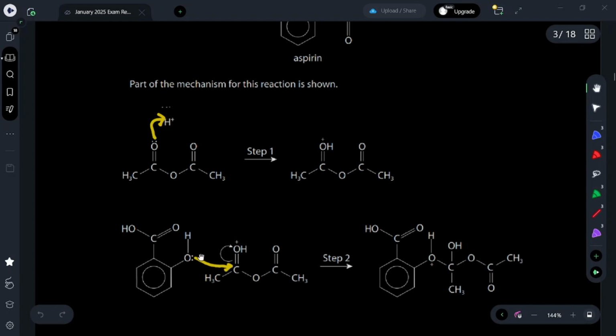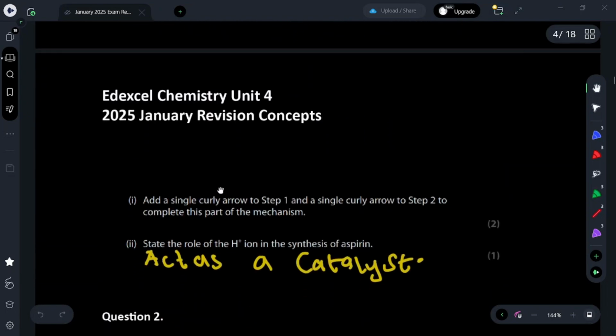So this is the arrow that is required, and the other arrow required is shown. Nice.